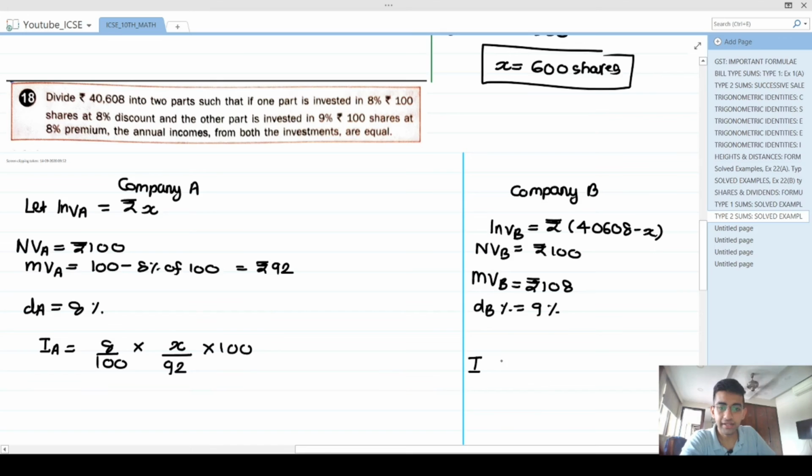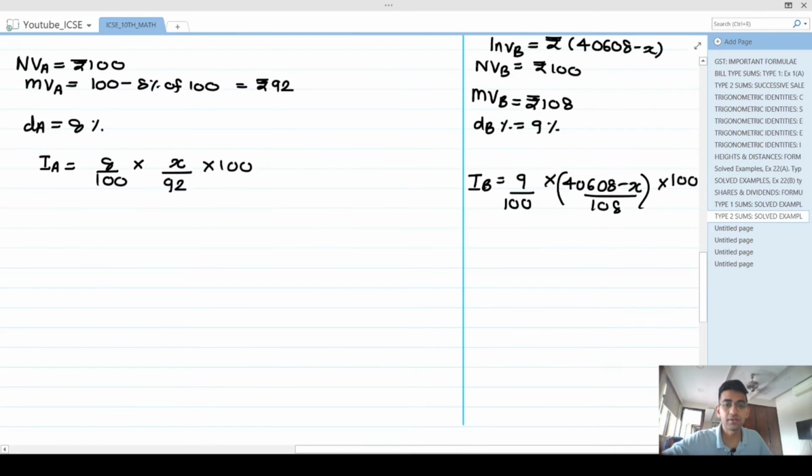So let's calculate income. Income is nothing but dividend rate into number of shares. Number of shares is investment upon MV, all right, into NV, nominal value, that's 100. Now they've told us IA is equal to IB.